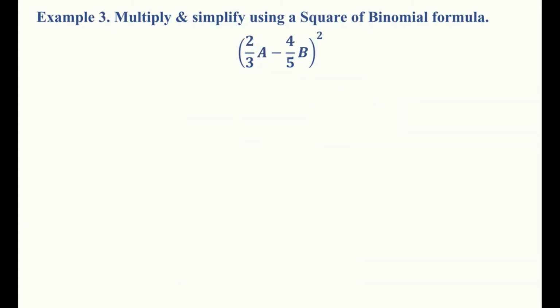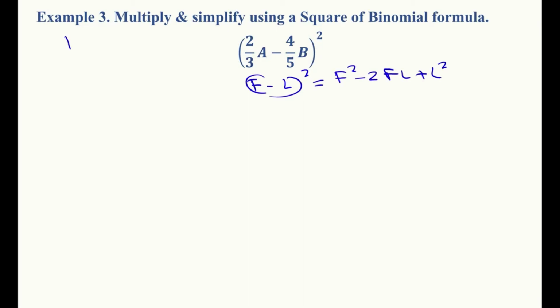All right, so here we have another example we could apply the rule to, because as long as we have a sum or a difference that is being squared, we can use the rule. So again, we know that the rule is f minus l squared equals f squared minus 2fl plus l squared.